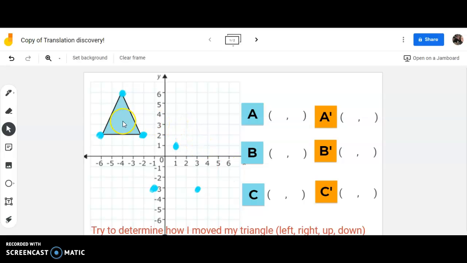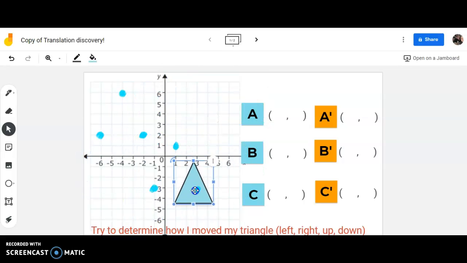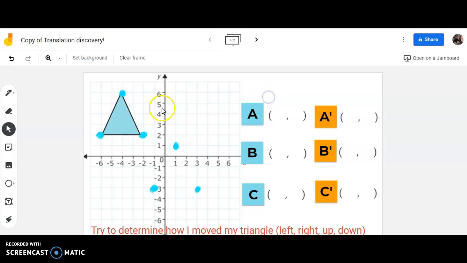Okay, so what I had everybody do the first time opening this is I had them click on the triangle and move it around. That is a translation when you are sliding it from one spot to another. Okay, so this was our original. We had to get the coordinates of those first blue dots, right?